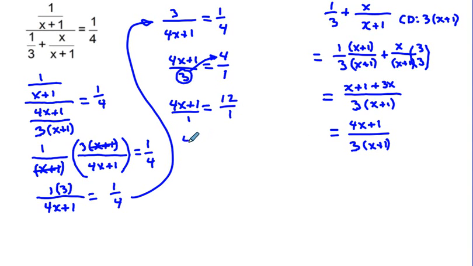So we have 4x plus 1 is equal to 12, and subtracting 1 from both sides of the equation, we have 4x is equal to 11, and dividing by 4, we have x is equal to 11/4. And a decimalized version of that is going to be 2.75.